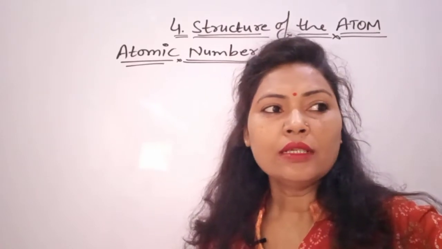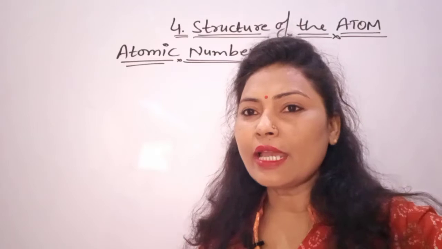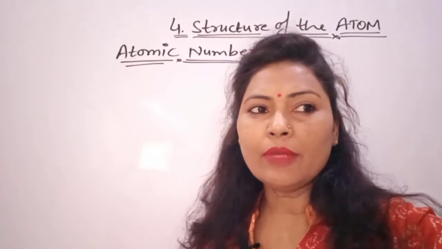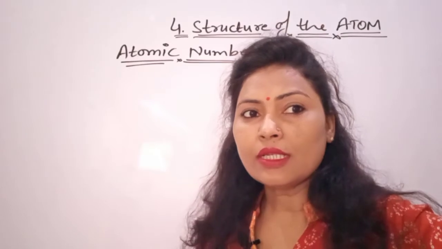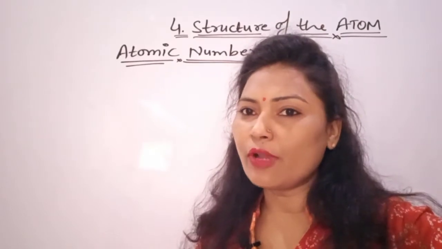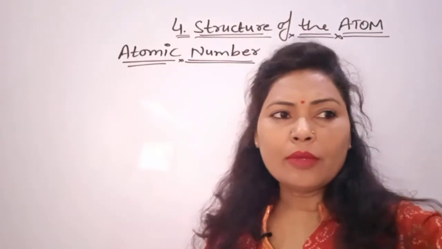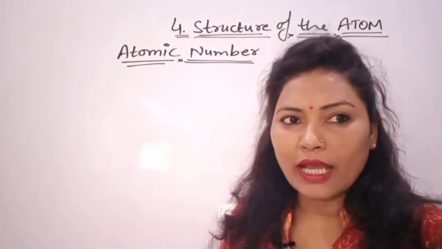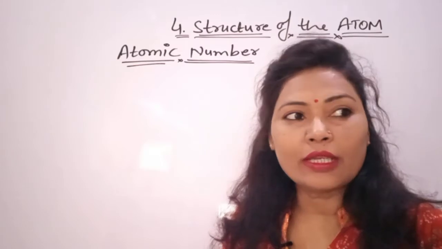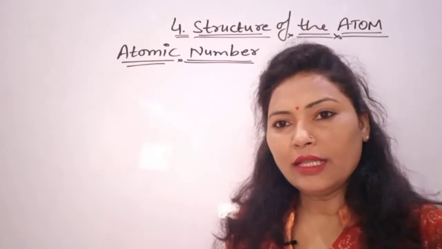It is the number of protons in the atom of an element which determines its atomic number. Thus, the number of protons present in the nucleus of an atom of an element is known as the atomic number of the element.